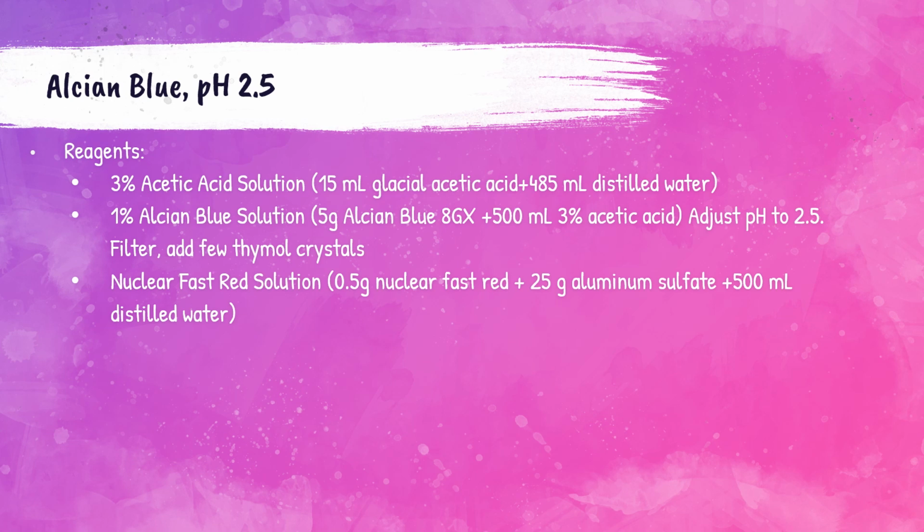Adjust that pH to 2.5, filter, and then add a few thymol crystals. And then the other reagent is nuclear fast red solution, which is created from the combination of 0.5 grams of nuclear fast red, 25 grams of aluminum sulfate, and 500 milliliters of distilled water.